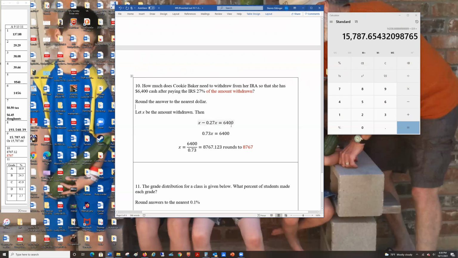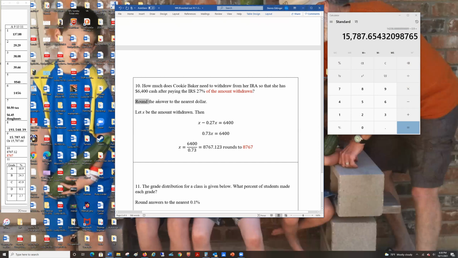I want that to leave 6,400. And again, 1 minus 0.27 is like $1 minus 27 cents. That's 73 cents. We divide 6,400 by 0.73, and we get 8767 after we round it off.